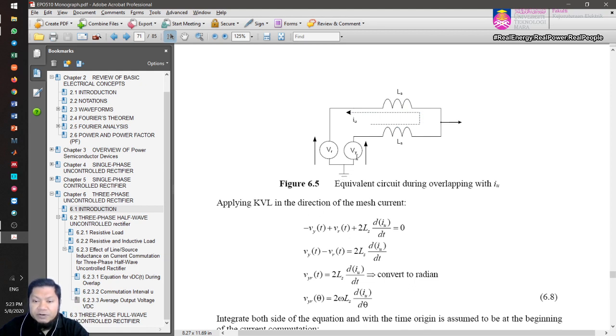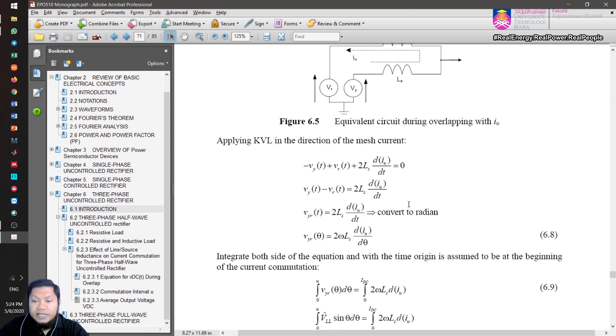Now you again apply KVL. You have minus VY plus VR plus 2Ls diu over dt, so VY minus VR equals 2Ls diu over dt. It's convenient to convert that into radians, and now it becomes VYR, a line-to-line voltage. So 2Ls diu over dt, converted to radians, has an omega appearing here.